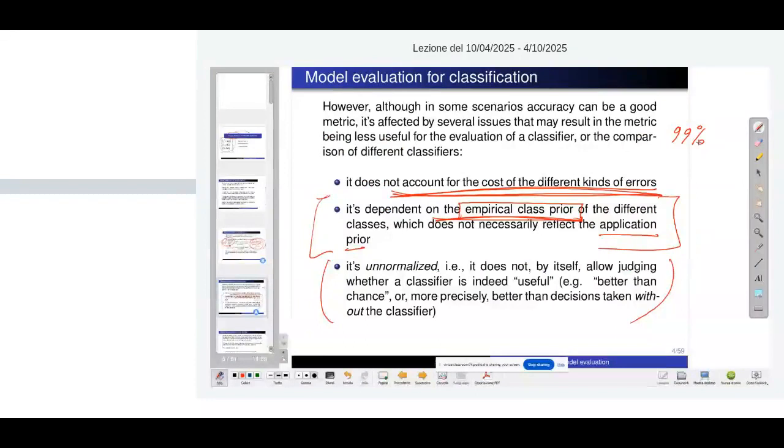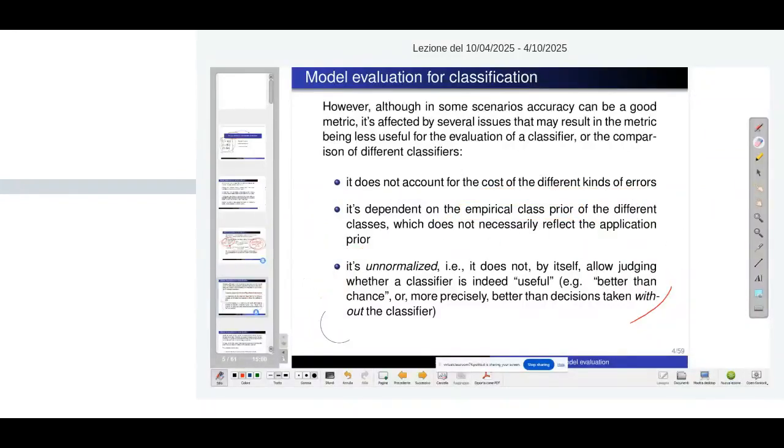Because if the model always predicts one class and 99% of the samples are of that one class, it will have 99% of accuracy, but it's just... Yes. Okay, so your colleague gave the answer already.